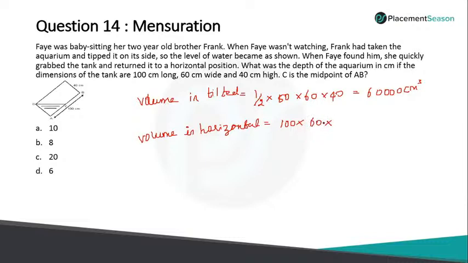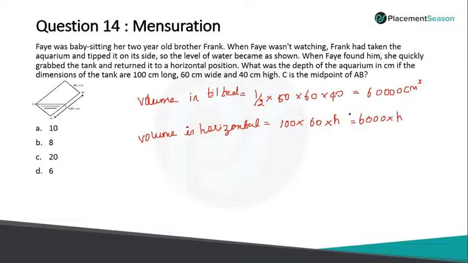We don't know the height, so we will take a variable, x or h. I have taken h. So it's nothing but 6,000 into h.